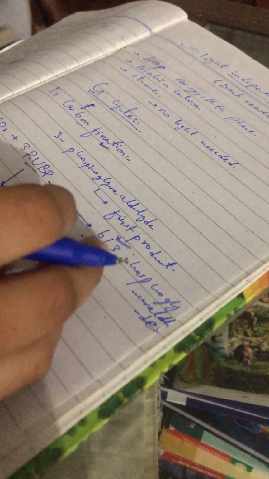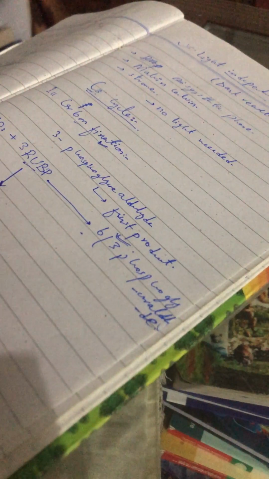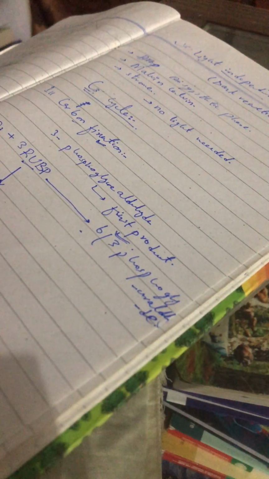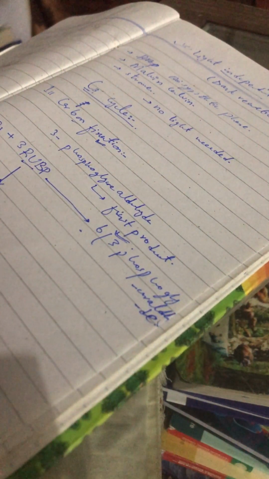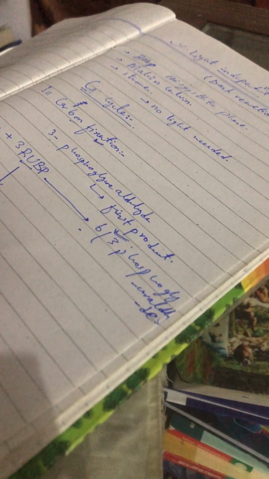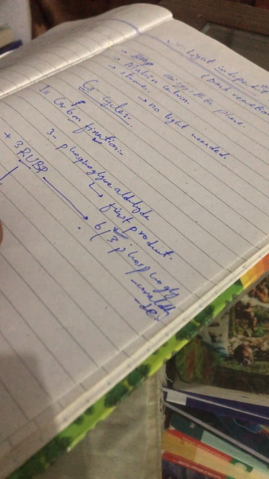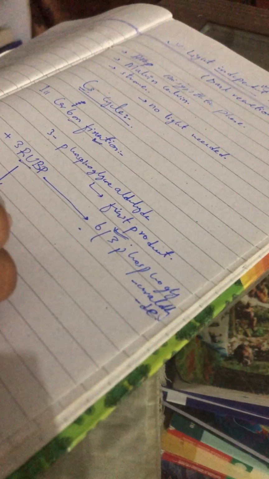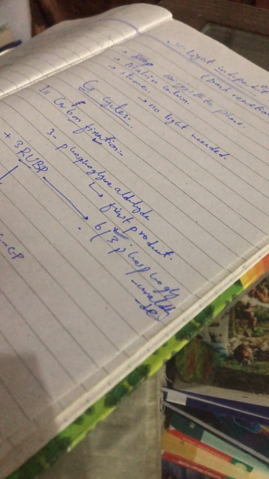Now what is the structure? Let's see what RuBP is. If we look at its structure, it is like phosphate. It is a 5-carbon sugar.